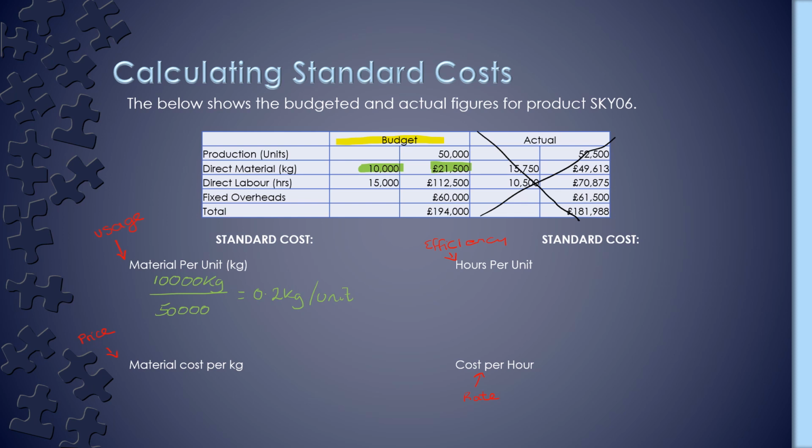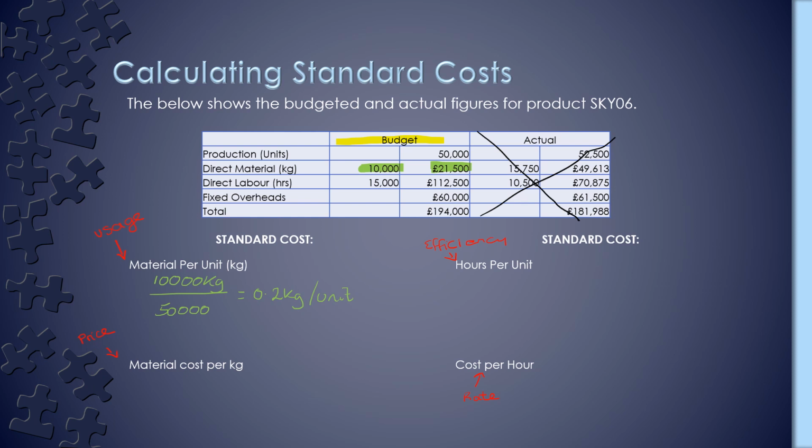We then need to know how much we're expecting to pay for that material. So we look at our budget again, and we've got 10,000 kilos at £21,500. We're going to want to see how much that costs per kilogram.